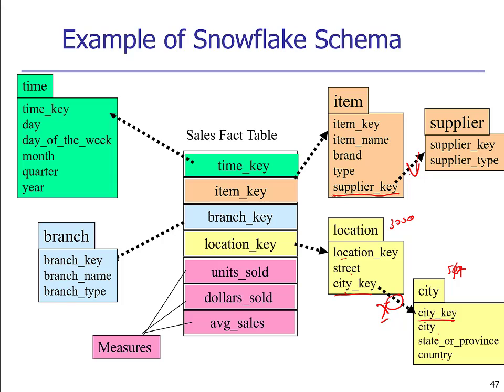So as you can see, this kind of normalization does not reduce the space too much. Previously we would have, say, 3,000 times 5, and currently we have 3,000 times 3 plus 500 times 4.